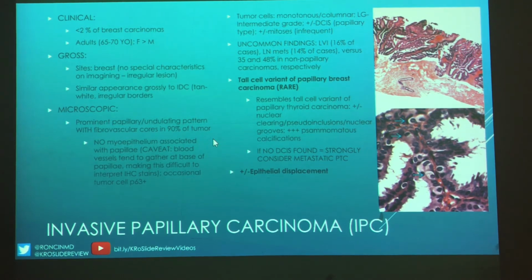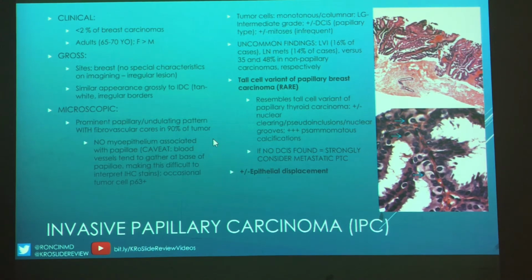What you need to see is that pretty much the entire tumor has to be papillary. Otherwise we would say something like with papillary features. Again, we're not going to have myoepithelium associated with the papillae, and there again I had the thing about the blood vessels at the base. Occasionally you'll have a tumor cell that's P63 positive, so you need to be aware of that. They don't tend to have lymphovascular invasion or nodal mets.